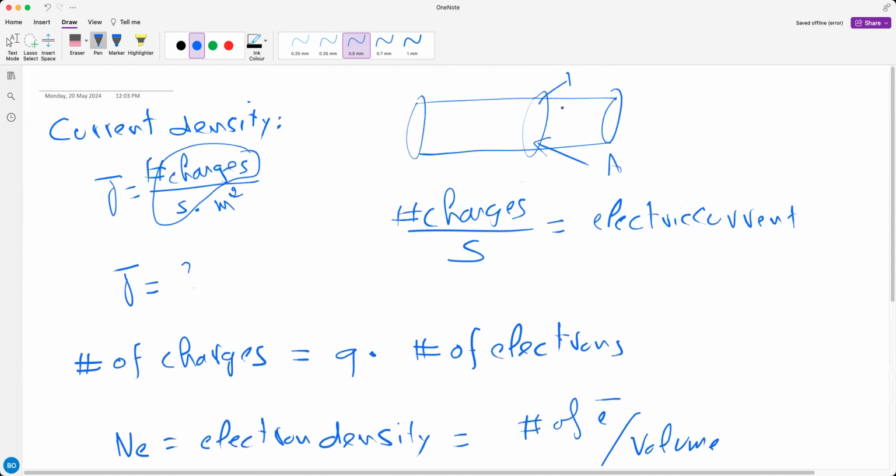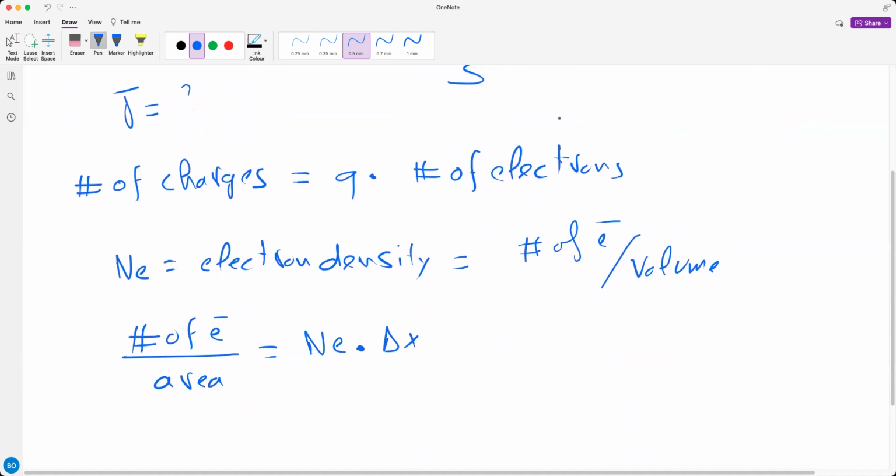Delta x is the distance traveled by these electrons during delta t. So the number of electrons per area is just the number of electrons per volume times delta x.